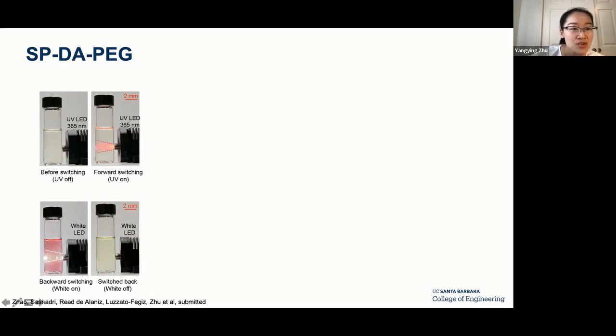When you turn on the UV light, it is transparent, but suddenly it becomes pink. You could then use a UV LED lamp to illuminate the entire region, so the entire region becomes pink. Then you could use white light, or just remove the UV, to change this back. You could see that when we turn the white light on, immediately the region illuminated by the white light becomes clear. So then you could switch the entire system back.